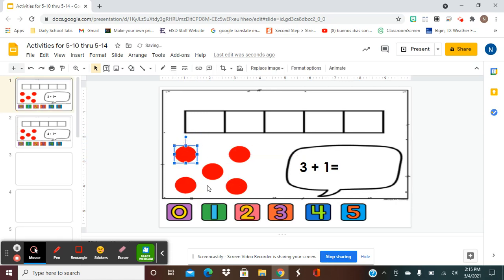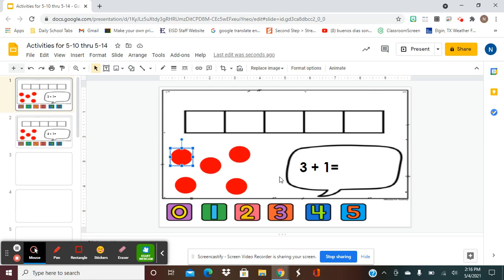Remember, when we're moving the counters, we're only going to put one per frame. We can't put 2 counters inside one frame, okay? And so we're going to do this addition sentence and then we're going to pick our answer. We're going to put it right here, okay?